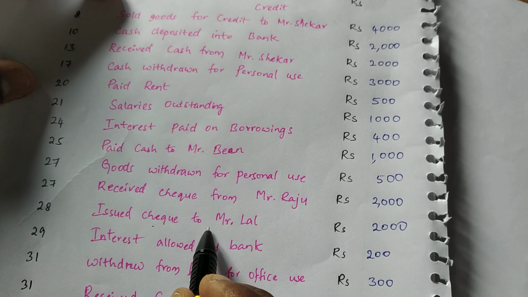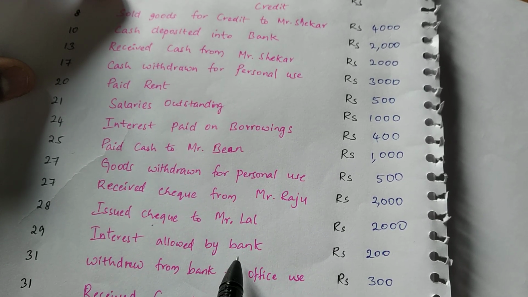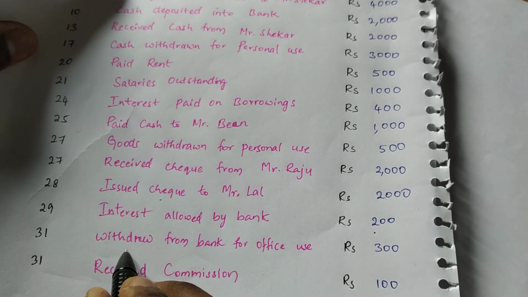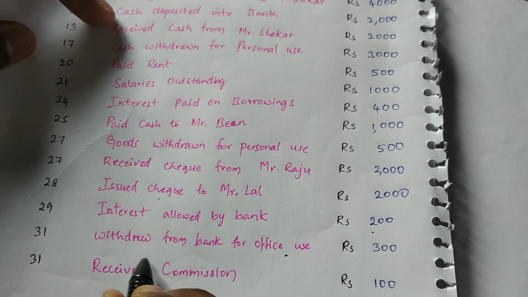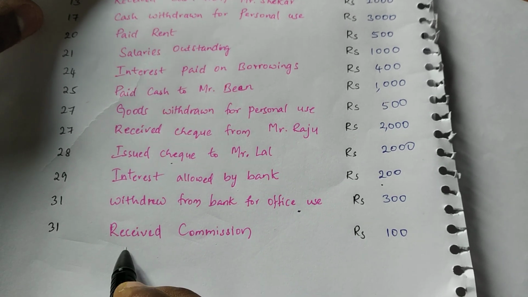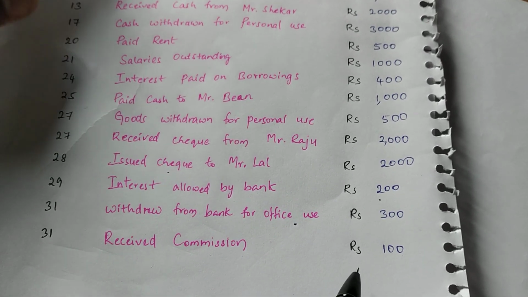Interest allowed by the bank, rupees 200. Withdrew from bank for office use, rupees 300. Received commission, rupees 100.